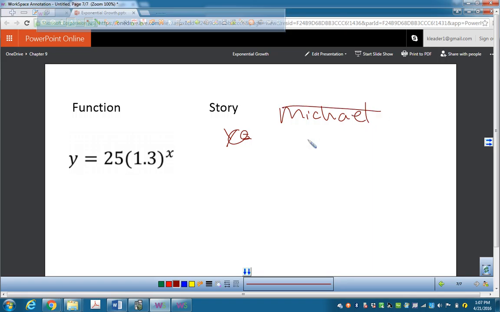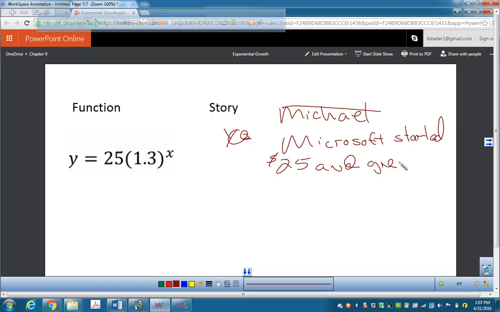Microsoft started with $25, and they grew by 30% each year. Okay? That might or might not work.